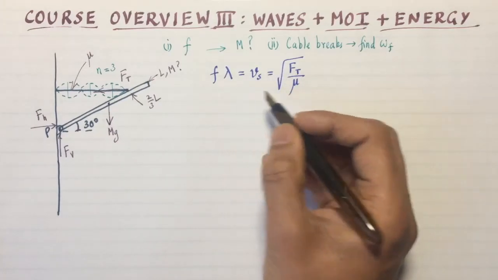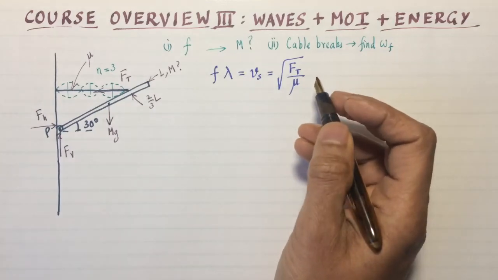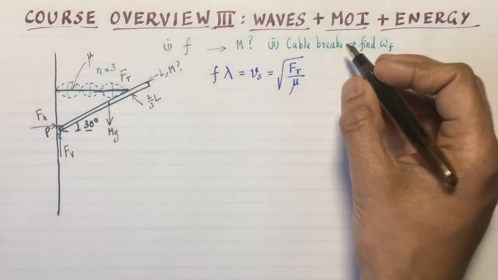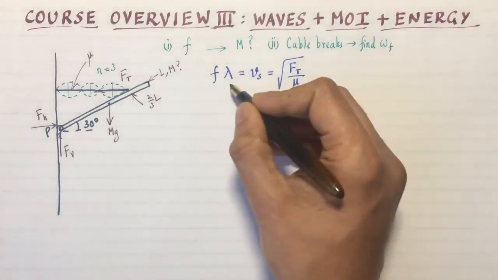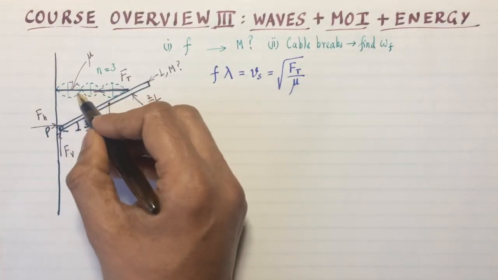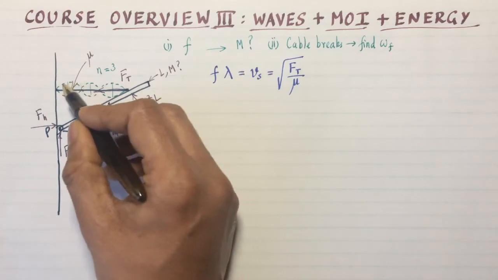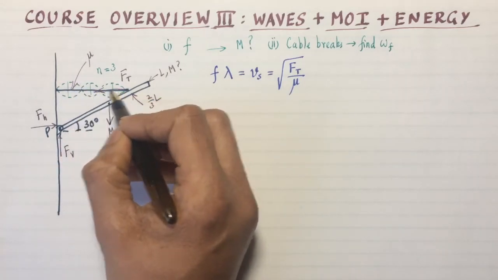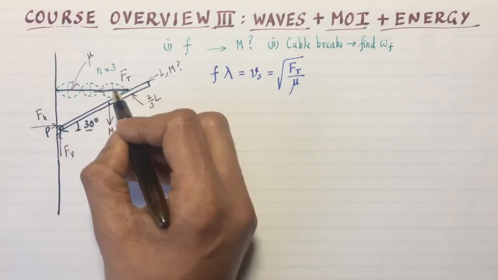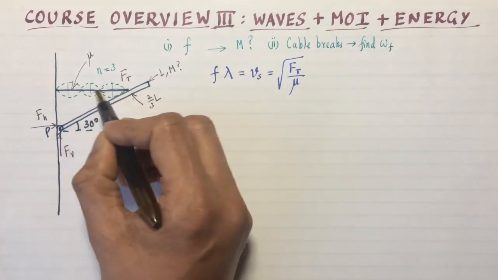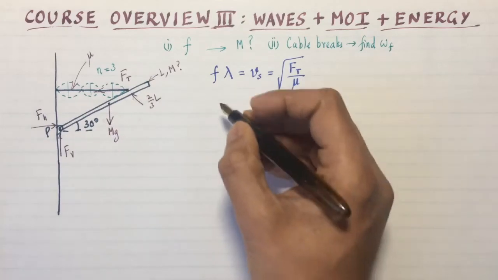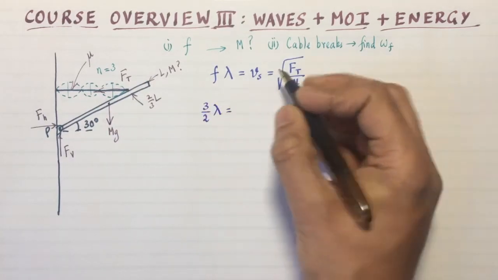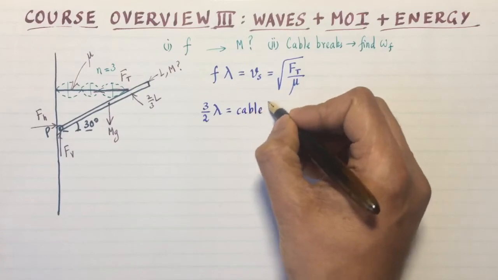Okay, so from here we can find the tension. Let's do that. Each of these standing wave loops is worth half a lambda. So 1/2 of a lambda times 3, or 3/2 of a lambda, equals the length of the cable. So let's write that down. 3/2 lambda equals the cable length.